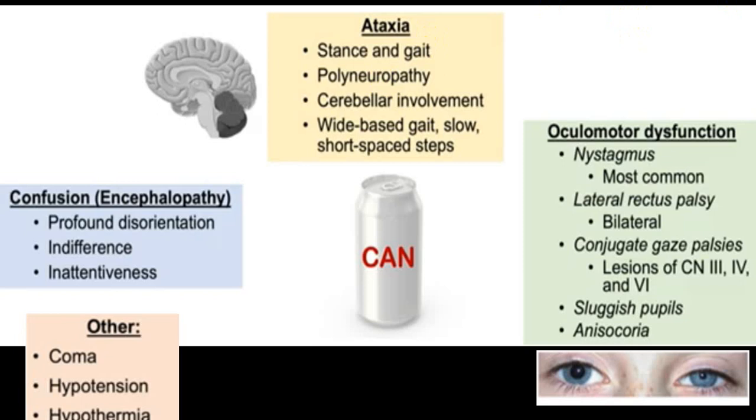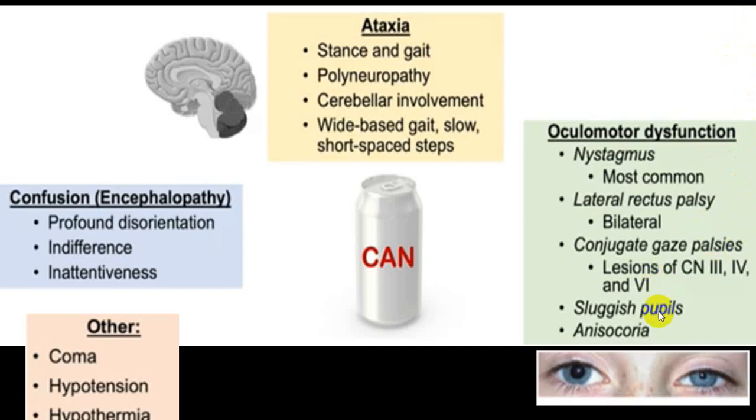As far as the eye is concerned, nystagmus is very common. Person may develop a bilateral lateral rectus palsy. Gaze palsy can also be seen because of involvement of cranial nerves 3, 4 and 6.